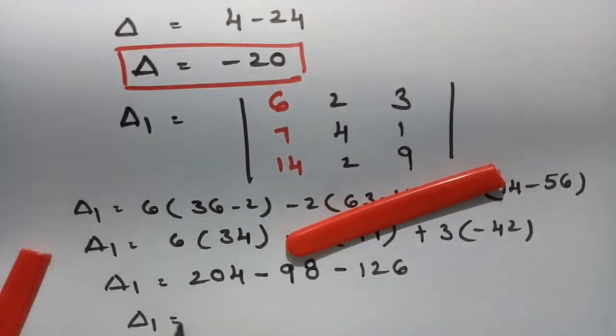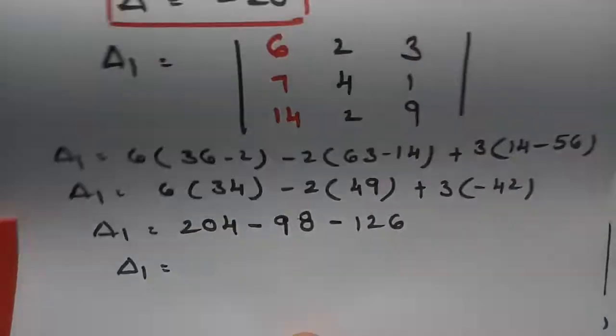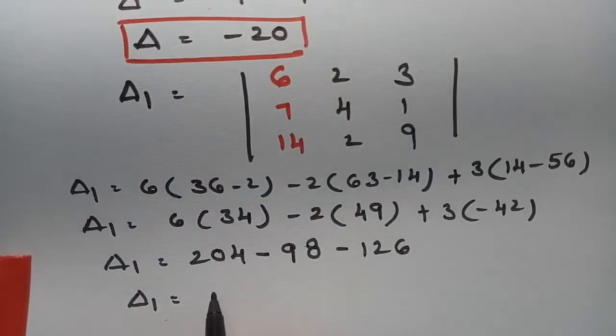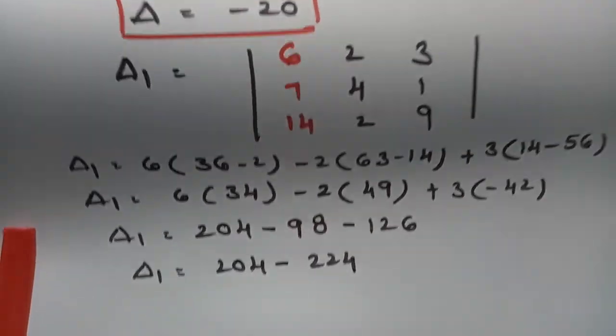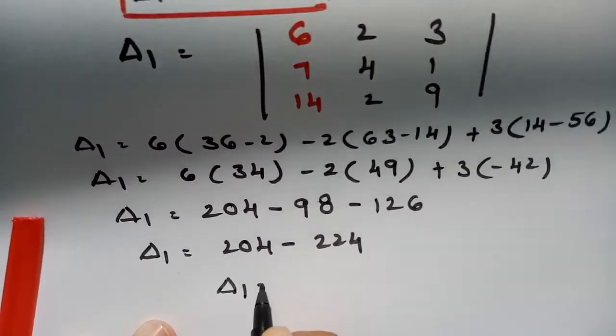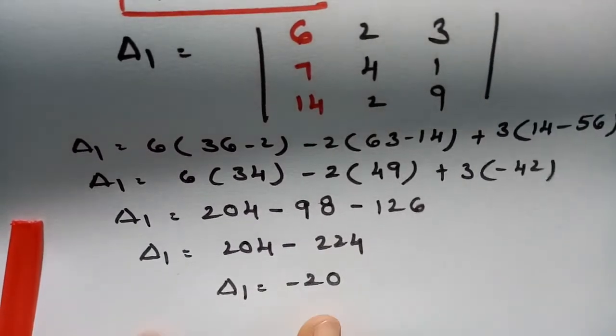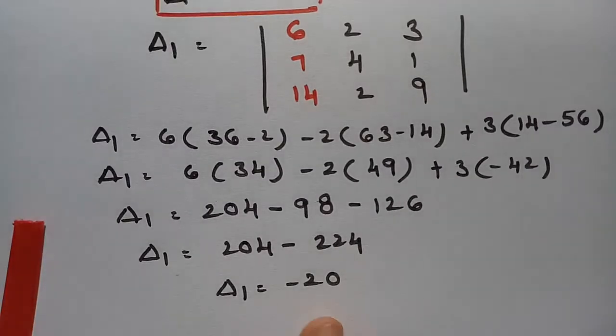So our delta 1 value is 204 minus 98 plus 126, and the value here is 224, so delta 1 will be minus 20.